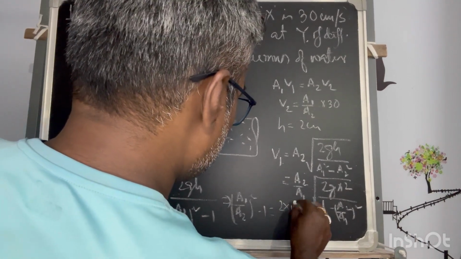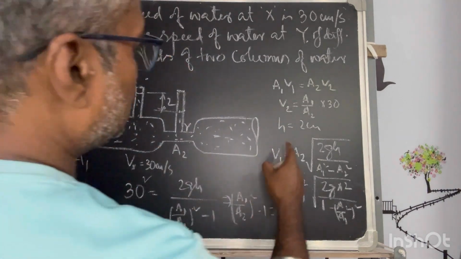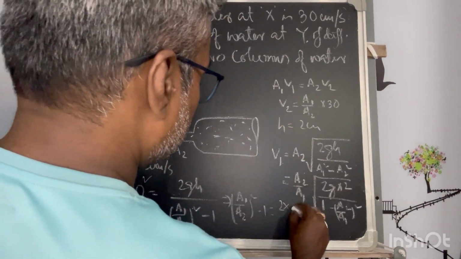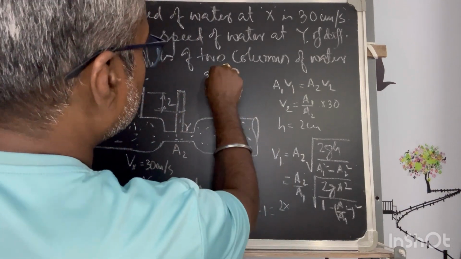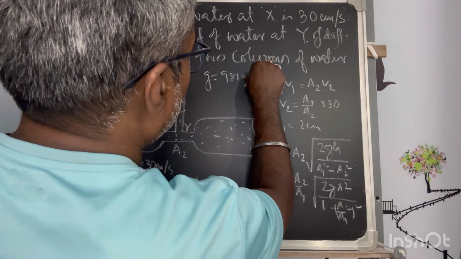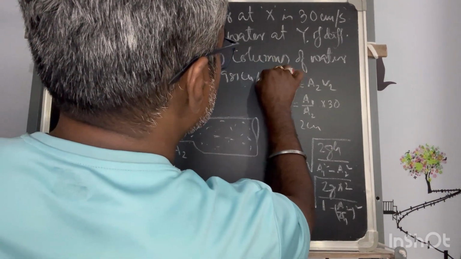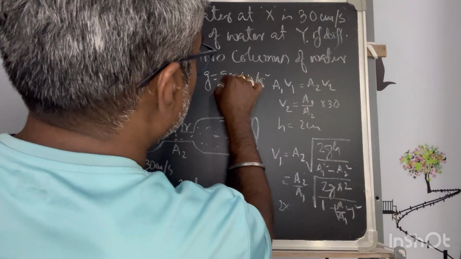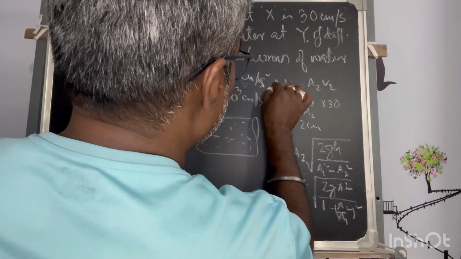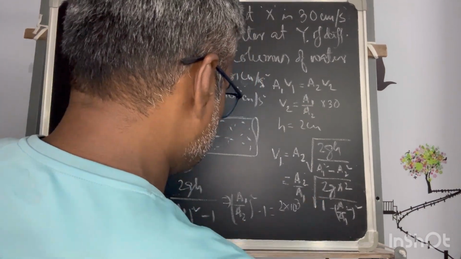The G value in CGS is almost 981 centimeter per second square, and that is an approximation. I am taking 10 to the power 3 centimeter per second square for G for calculation's sake.